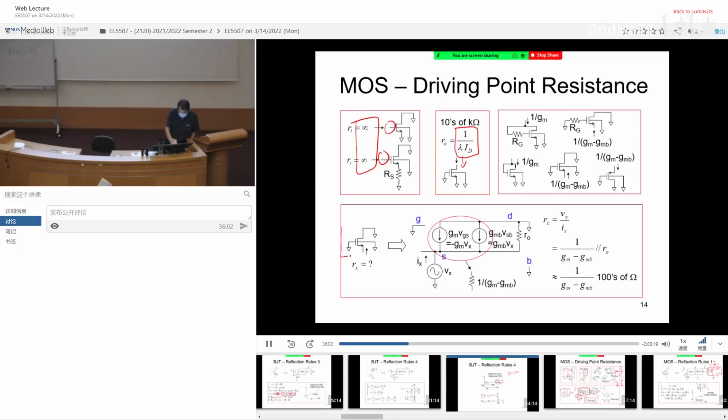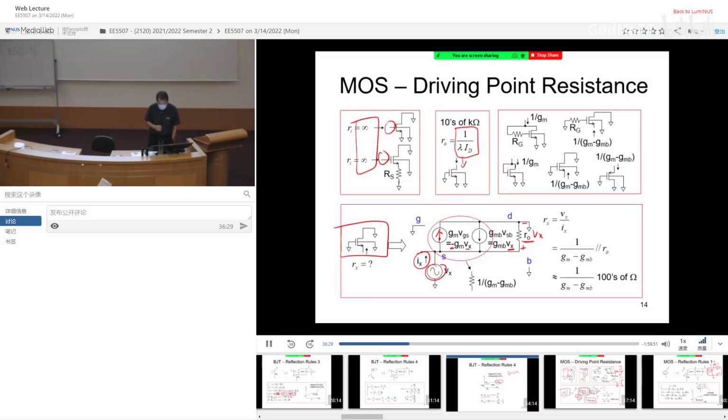Now, looking into the source terminal with gate grounded, drain grounded. For this one, we have to derive it. So if I apply Vx over here, and Ix over there, now we can do something similar. The voltage across this guy is actually Vx, so it's R0. The voltage across this guy is actually minus Vx, so actually the current is going up.